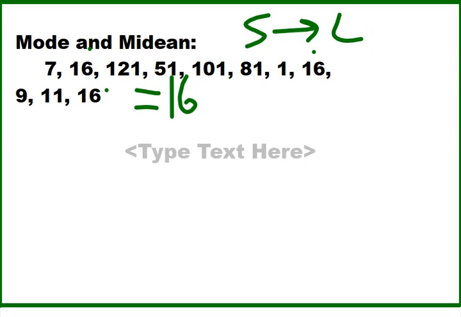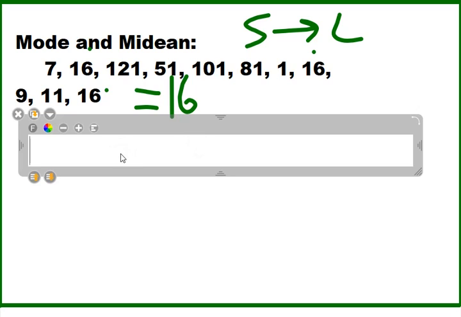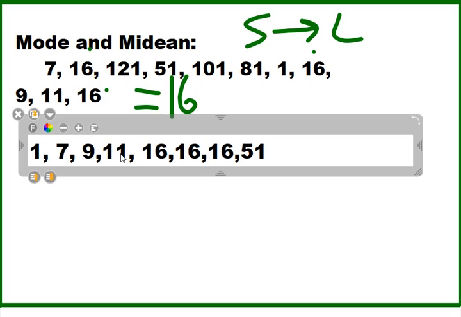So let's quickly just get our data set in order. So we have 1, and our next highest number there is 7, 9, and then we have 11, we have 16, 3 times, so 16, 16, 16, and we have 51, 51, 81, and 101, and 121.